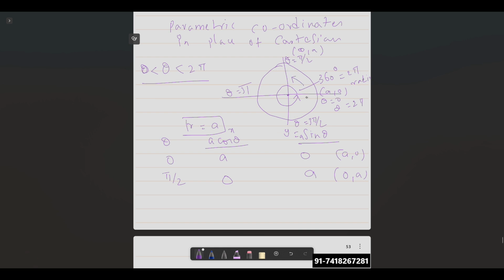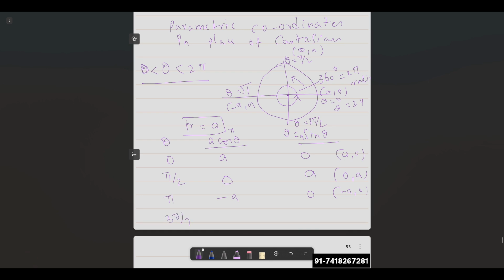So likewise, when you change theta from 0 to 2 pi in the anticlockwise direction, your coordinates will vary. At pi, this is minus a comma 0, so the x coordinate is minus a and the y coordinate is 0.